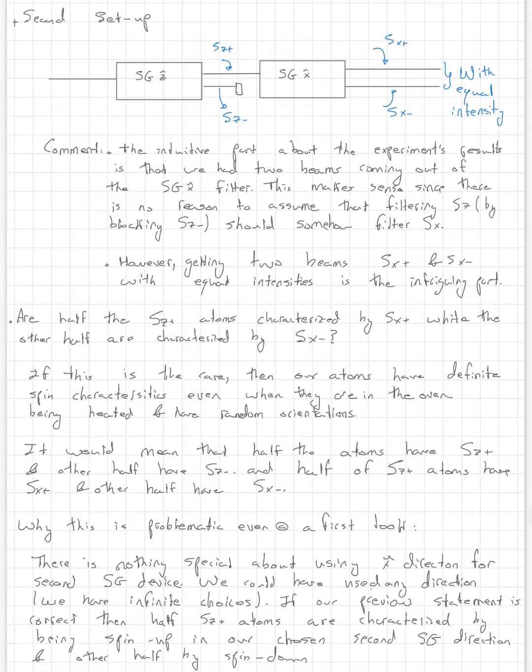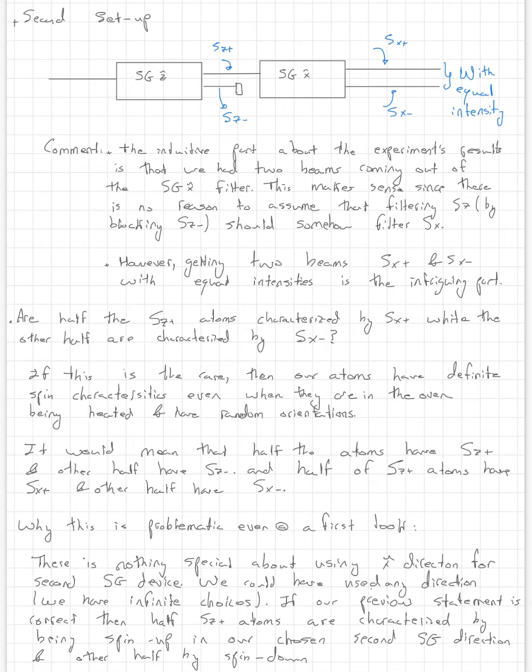The intuitive part about this experiment is that we actually got two beams as our output. This makes sense because previously over here, we only filtered for the Z component of the spin. So there's no reason why we would assume that filtering for the Z component should eliminate one of the X components of the spin, SX plus or SX minus.